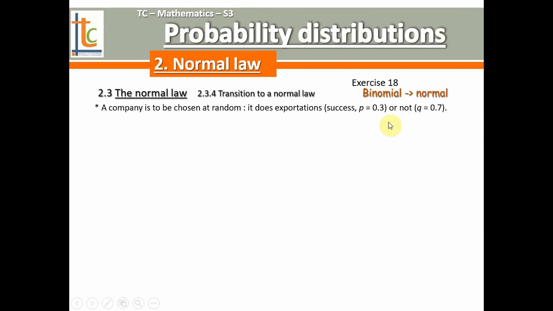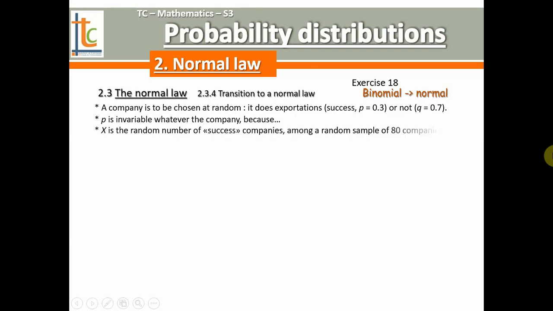The translation in terms of probabilities is that your probability of success will always be approximately 30% each time you choose a company, even if each time it's a new company, and even if the size of the population is decreasing as long as you choose companies. So p is considered here as invariable, whatever the company, because of what I just explained. Then your variable will be the random number of success companies among a random sample of 80 companies.